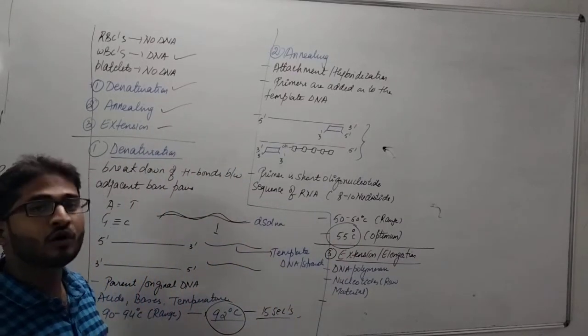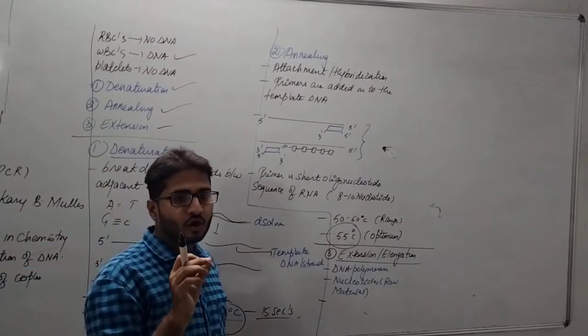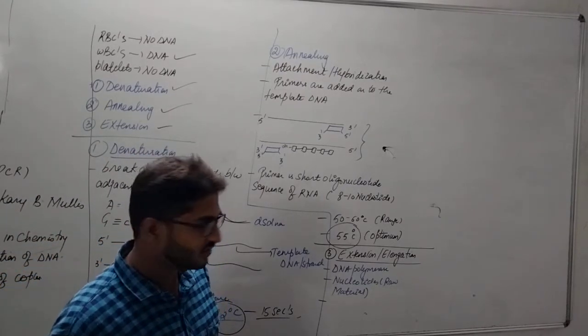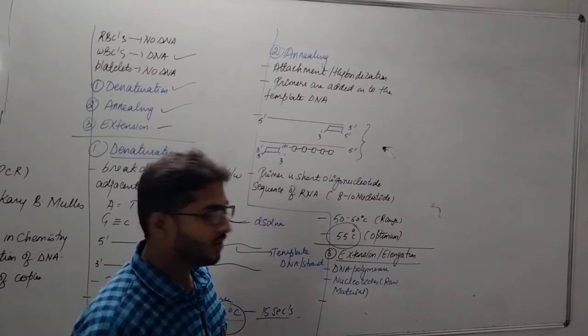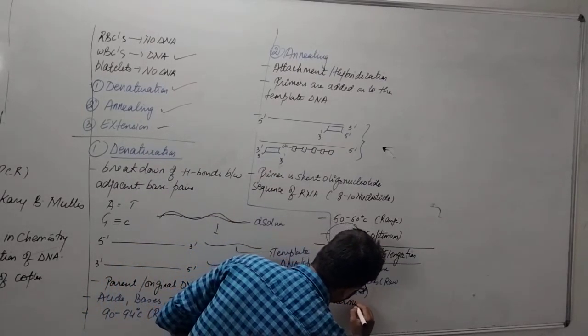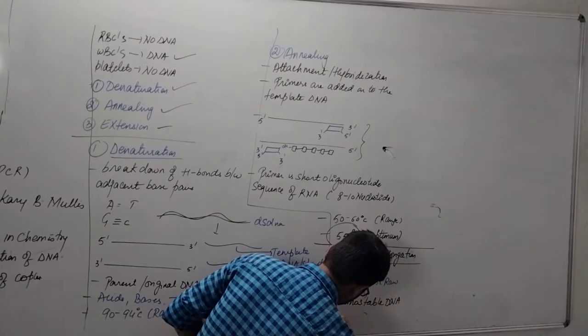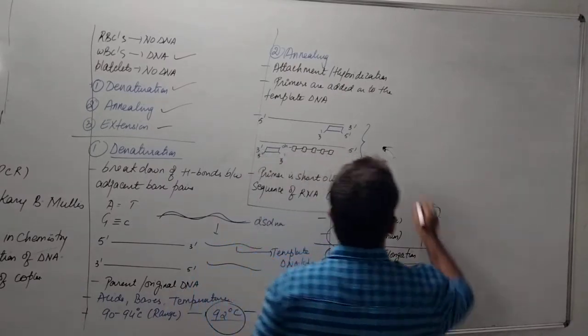So it is beyond 37 degrees Celsius, which is the normal optimum temperature of DNA polymerase. But in this case, we have to use a thermostable DNA polymerase.